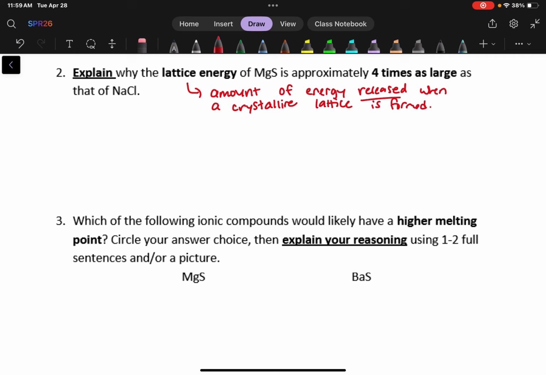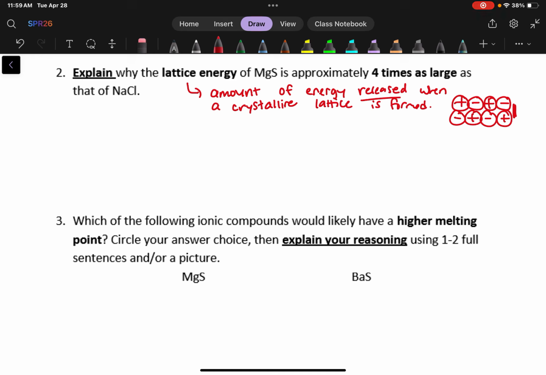We said that crystalline lattices were very stable because they have that really nice alternating positive, negative structure, where that electrostatic attraction between the pluses and minuses, those different charges, was really strong. And so you would have to add some energy in to break it apart.